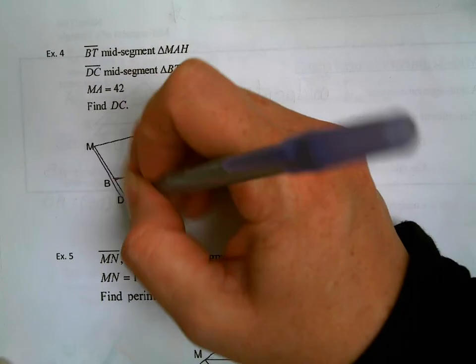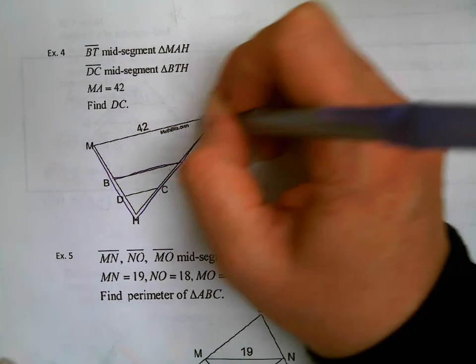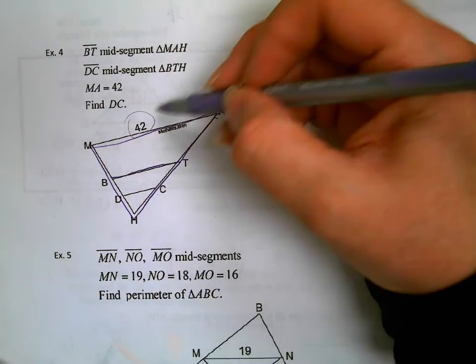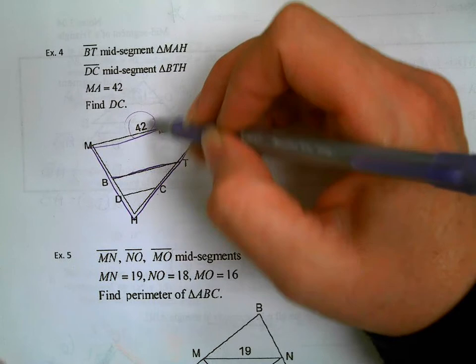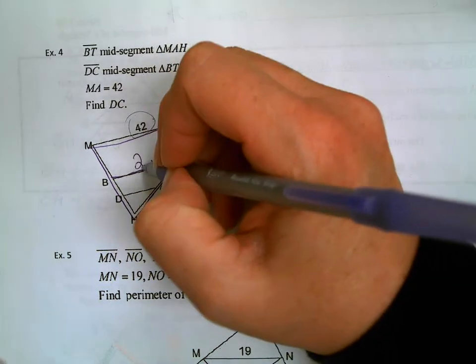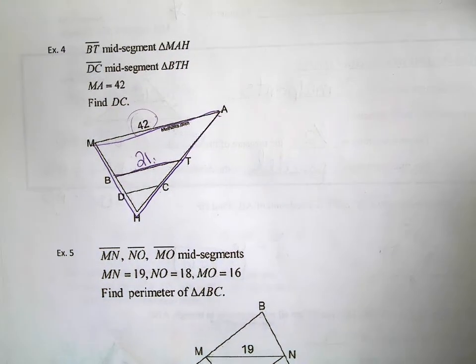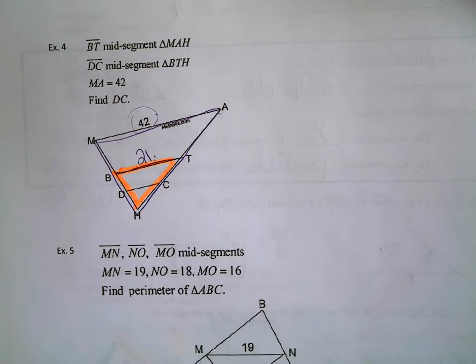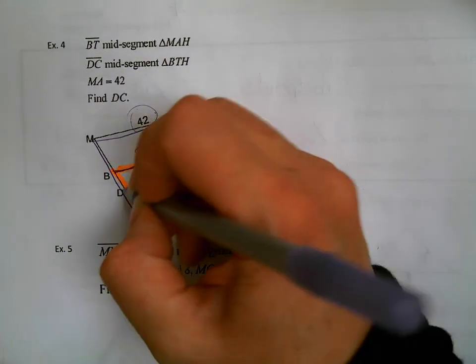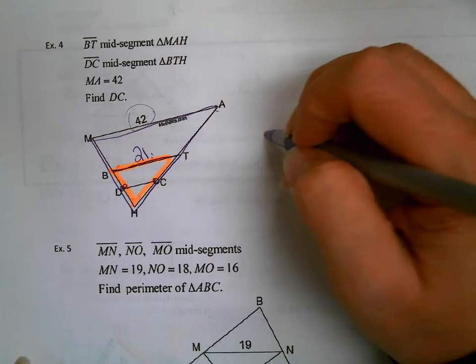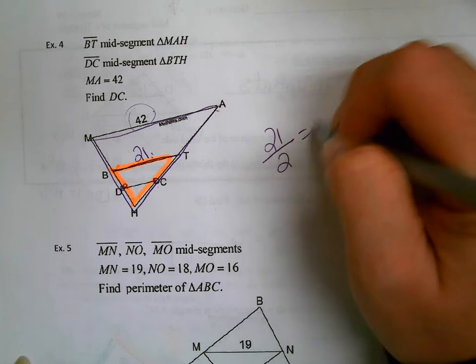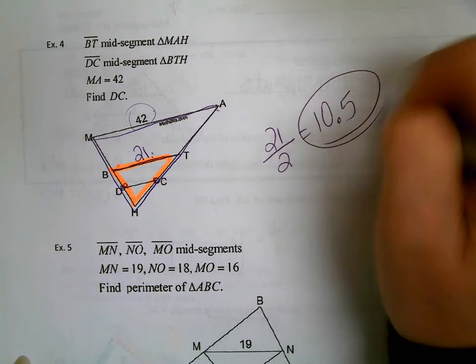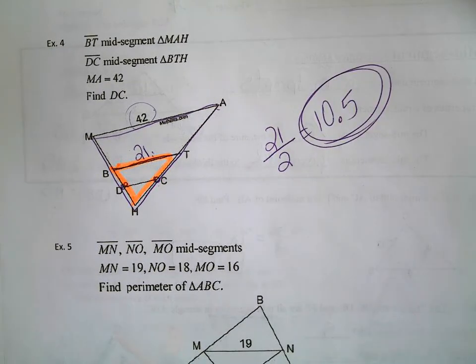In the large triangle, the long segment is 42, so its midsegment is going to be 21. Now in this littler triangle with its midsegment drawn in, 21 gets divided by 2 to be 10.5. So it's really half of a half.